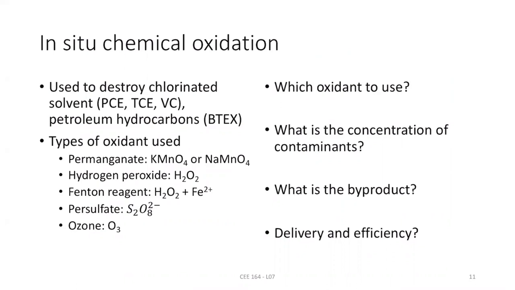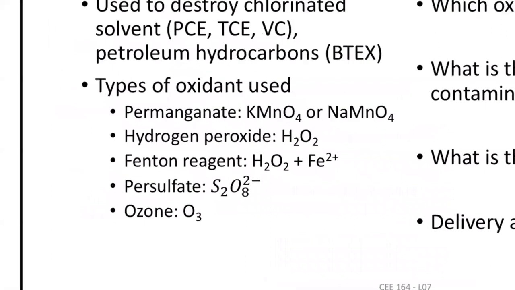The reason is, PFAS is another pollutant which is very resistant to oxidation, unless you use a very high amount of permanganate or other oxidants. So now one of the decisions you have to make for your project is what type of oxidant to use. These are the different oxidants that are available on the market.